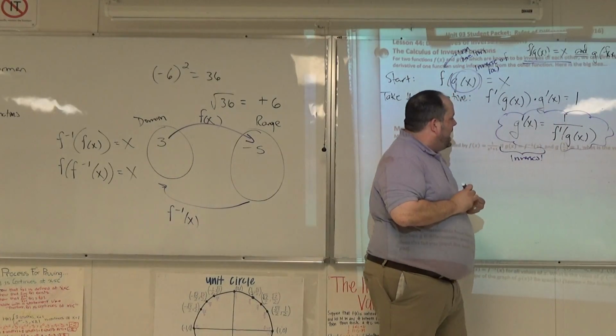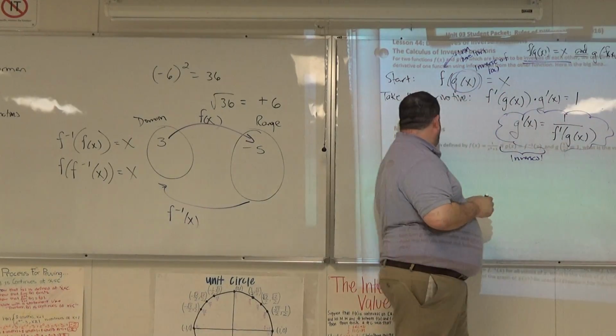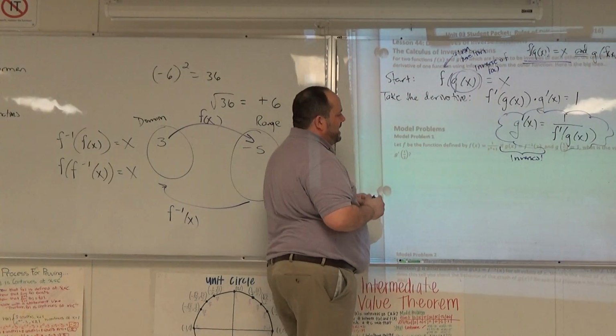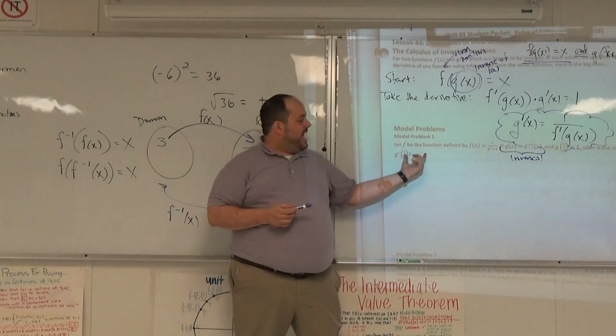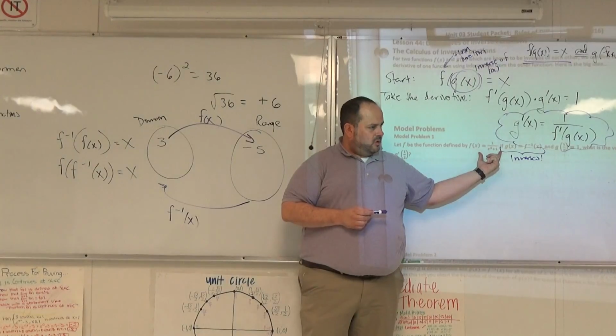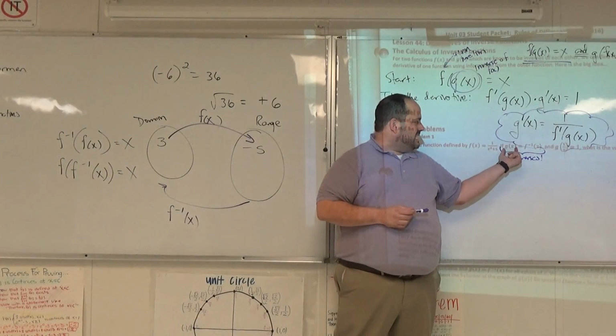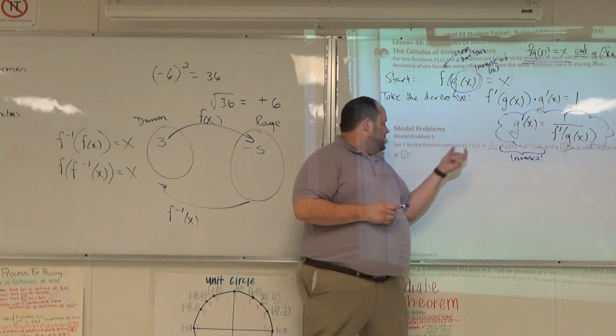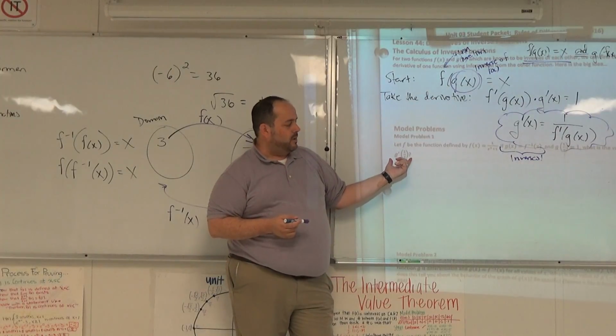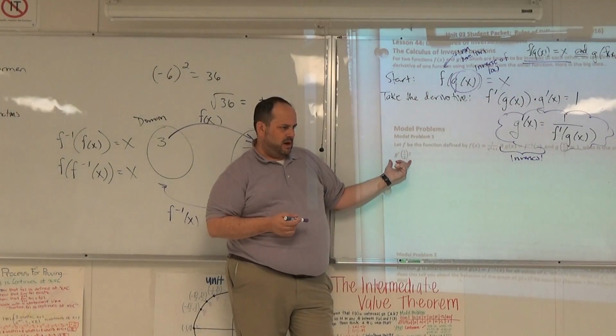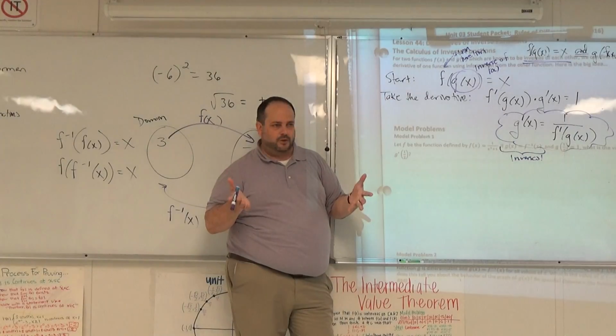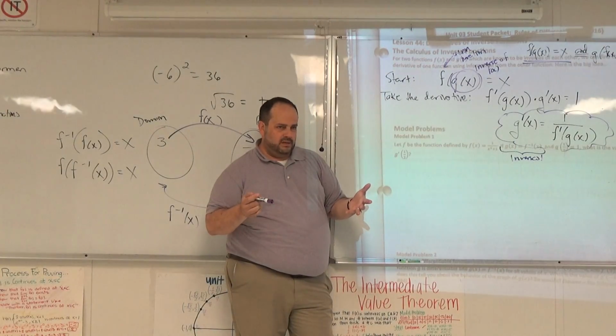And g of 1/2 equals 1. What's the value of g prime of 1/2? F is the function that they've told me about. G is the inverse of f. G prime is what we're trying to find. We're trying to evaluate g prime of 1/2. This is how these inverse function problems are going to work. Everybody mostly okay?